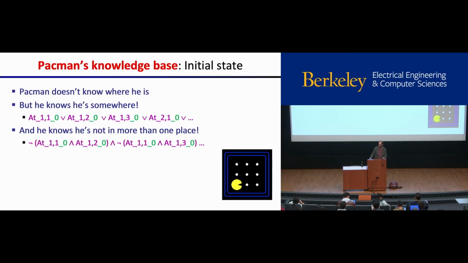Now, I hate this sentence because this is such a nice, concise way of saying it, and we have to write down every pair of locations and say it's not the case that he's at both of those locations. Luckily for you guys, when you're doing your Pacworld projects, you will not have to type in this sentence. You can write Python code that writes out the sentence for you.